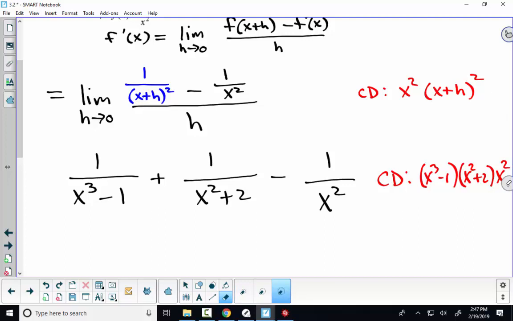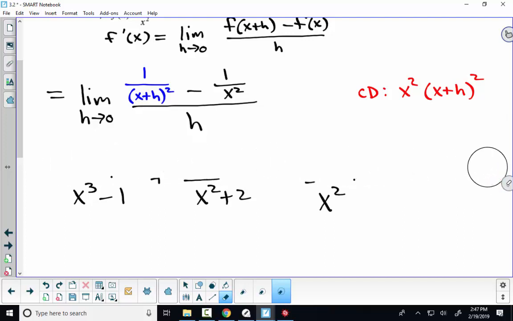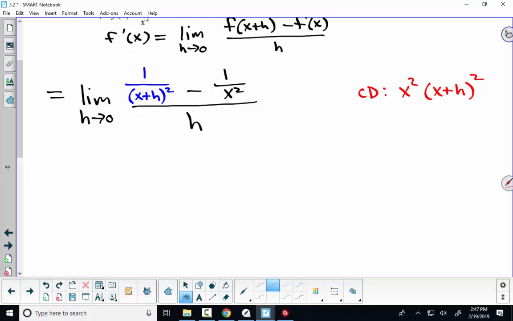We'd probably end up simplifying, but it's easier to simplify than to rack your brain trying to figure out, well, what's the lowest thing that goes into all three of those? I mean, most of the time it's straightforward, but just to kind of avoid that. So we're going to multiply the top and the bottom by that quantity.